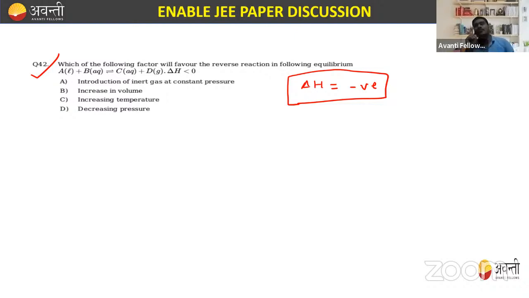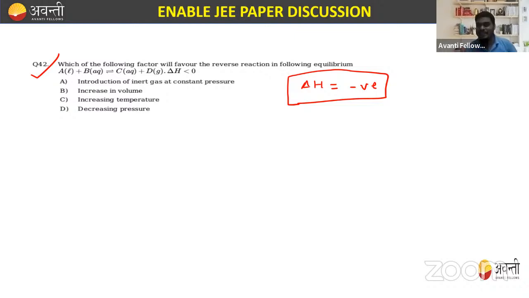So we know that for the exothermic reaction, what Le Chatelier principle said is that low temperature is the favorable condition because heat is already released on the product side. So there is no need to increase the temperature. If you increase the temperature, the equilibrium shifts in the backward direction, right?